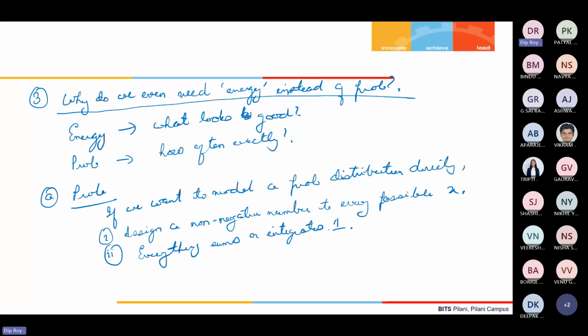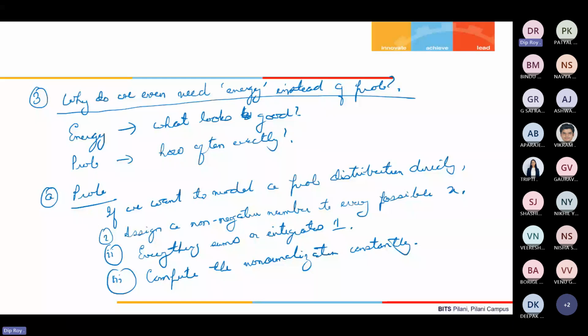And third, what we need to do is compute the normalization constant. These are the three things that you have to do when you want to model a probability distribution.